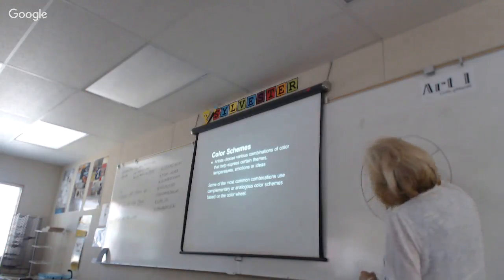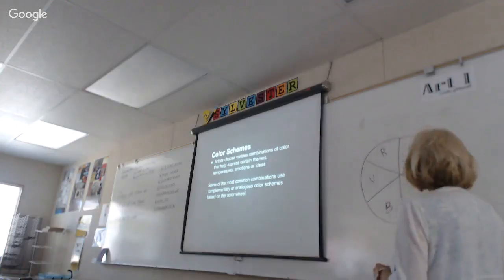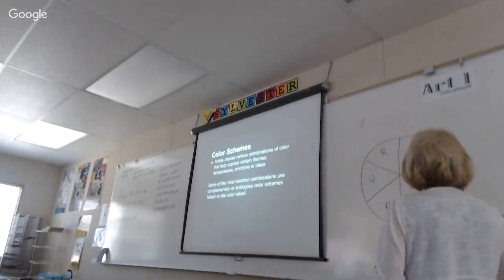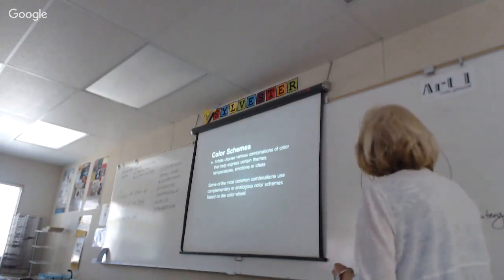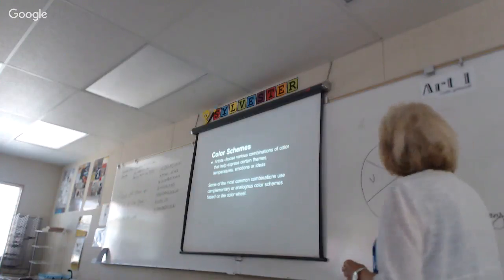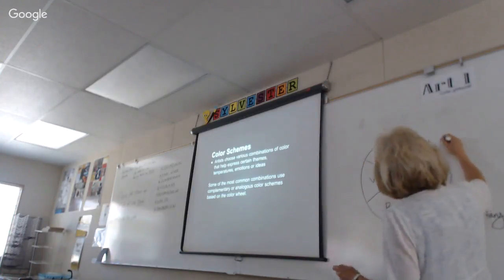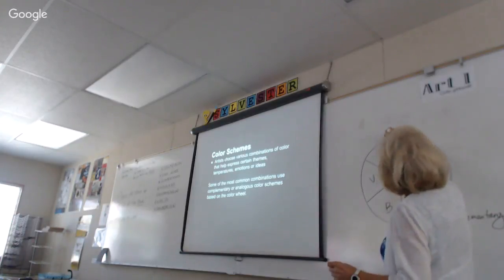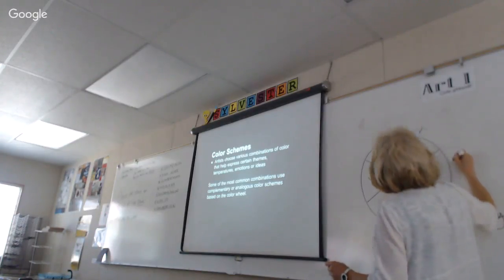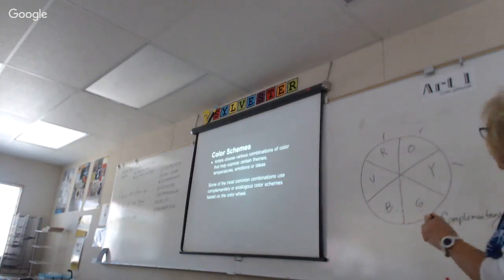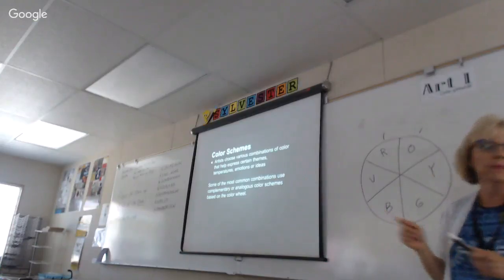Things that are opposite each other on the color wheel are complementary. And Van Gogh did a lot of that. Things that are analogous, like if you were going to do a sunset, you would probably want to use a color scheme that involved red, orange, and yellow, because you want to capture those colors, and they're next to each other on the color wheel.